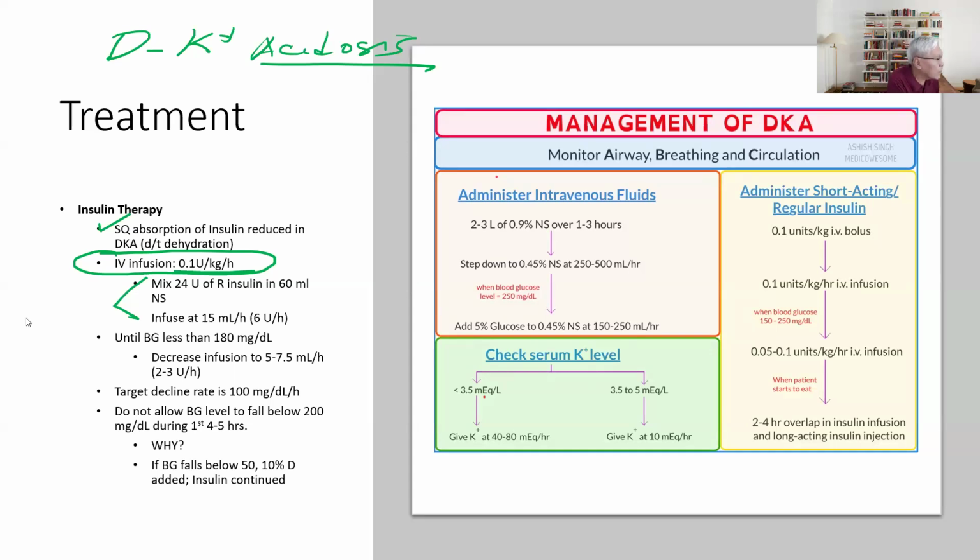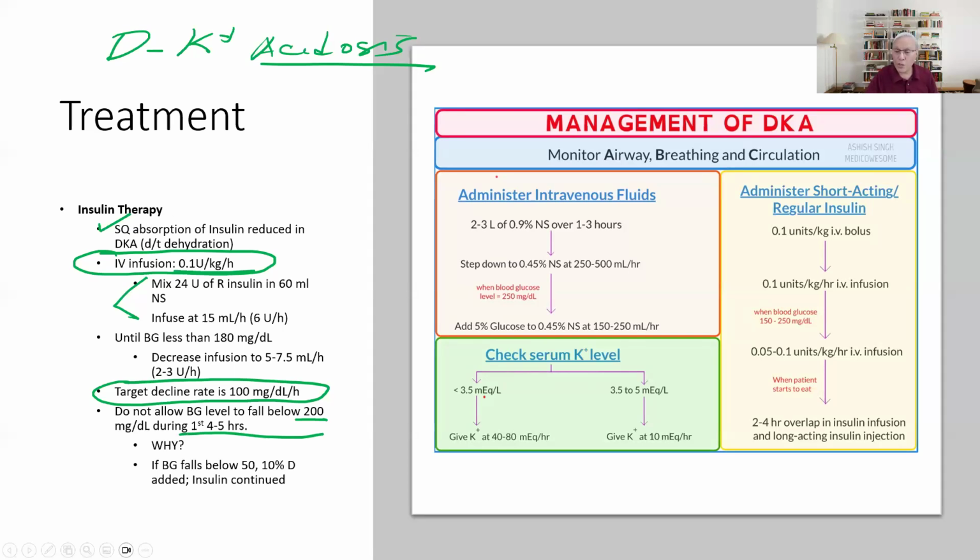So the target is a decrease of 100 milligrams per deciliter per hour. This is usually the target used by the physician in calculating the dose of your insulin. We never allow the blood glucose to fall below 200 during the first 4 to 5 hours.